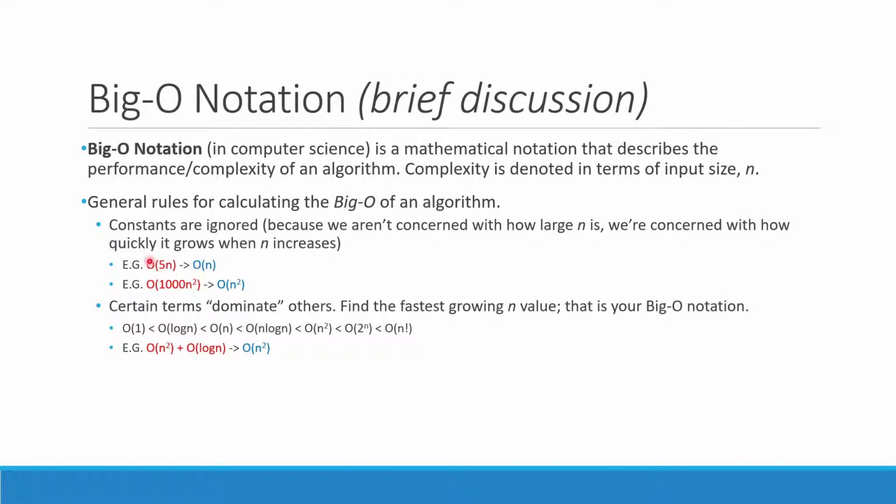Now, the reason why we ignore the 5, or any constant for that matter, is because we aren't concerned with how large n is. We're concerned about how quickly it grows when n increases, right?